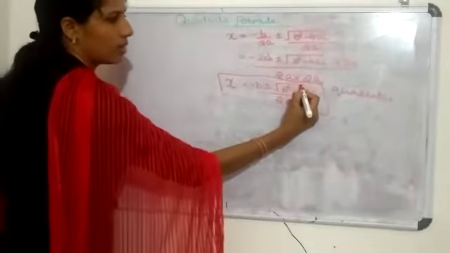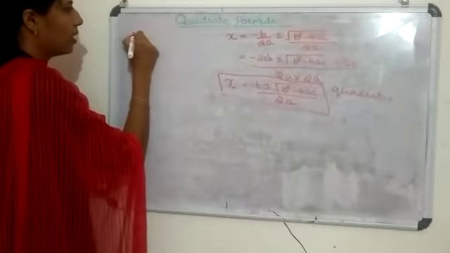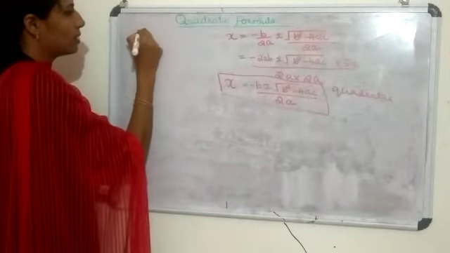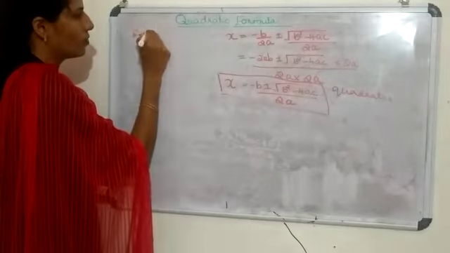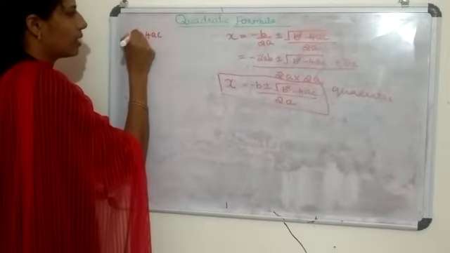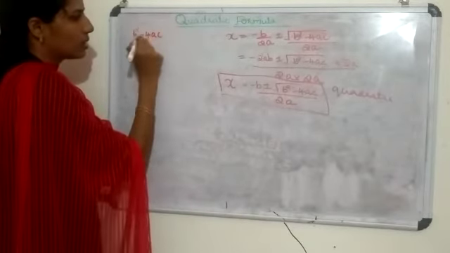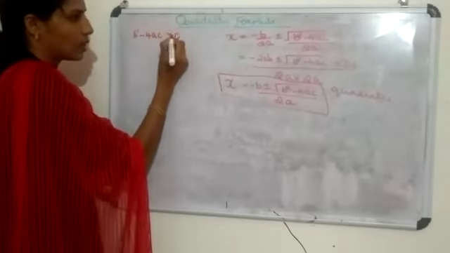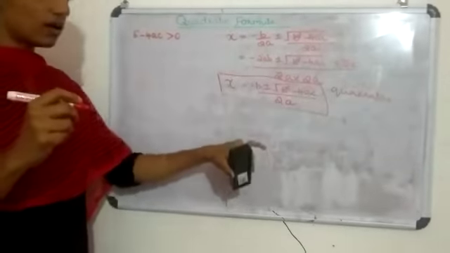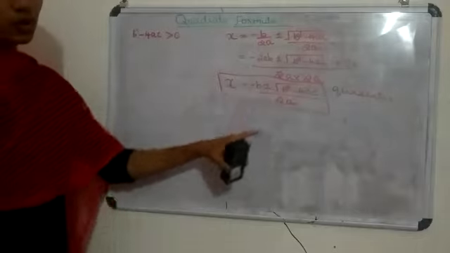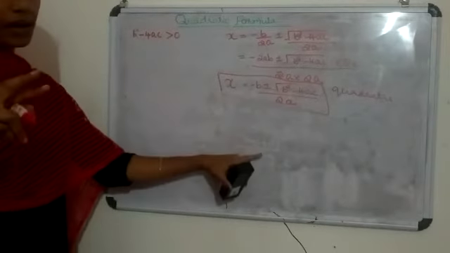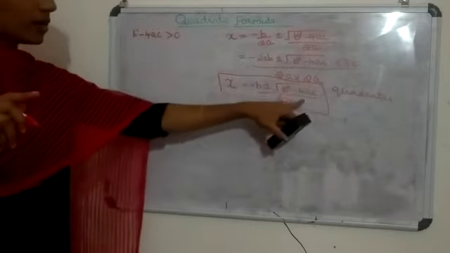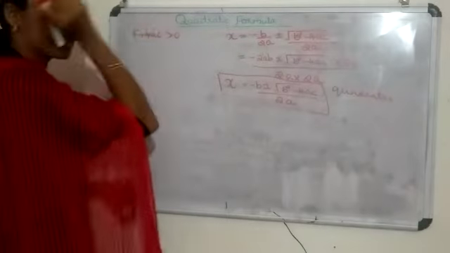See here, if b square minus 4ac is greater than 0, as in all our questions, we get two roots when applying the quadratic formula. At that time b square minus 4ac is greater than 0.